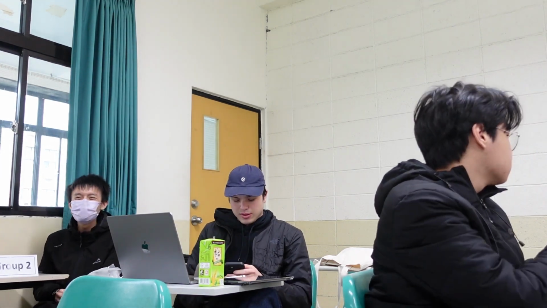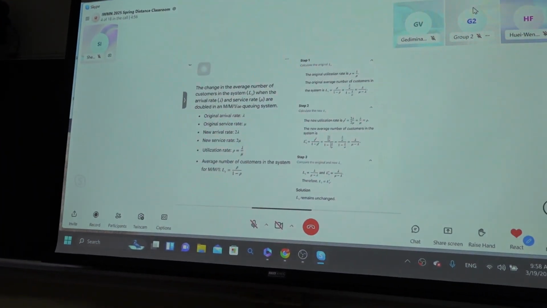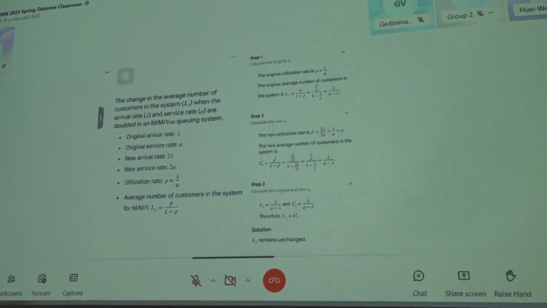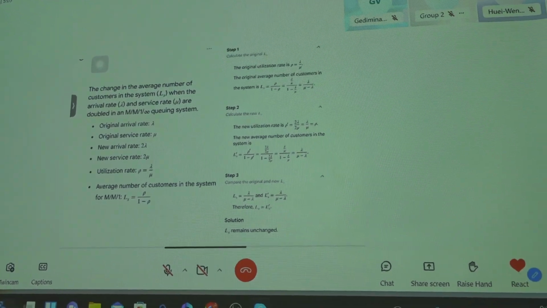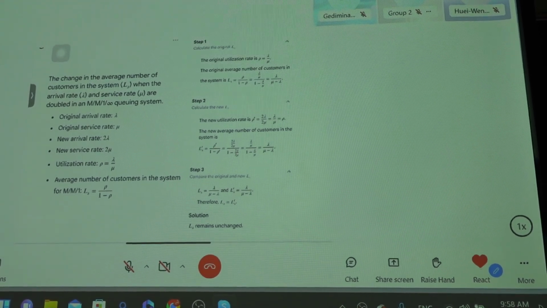And then it's group 3. Try to turn on the microphone but turn it off immediately, so that we won't have echo. Speak louder. Okay, so the change in the average number of customers in the system, Ls, when the arrival rate and service rate are doubled in an M/M/1 queuing system: the answer is that Ls remains unchanged.